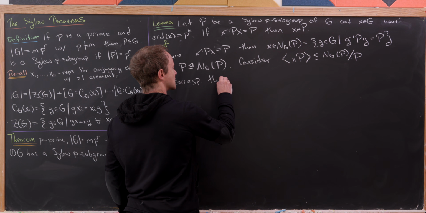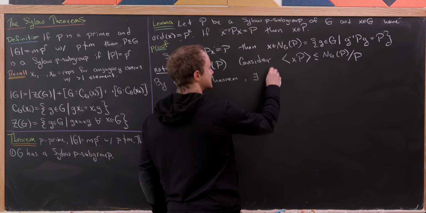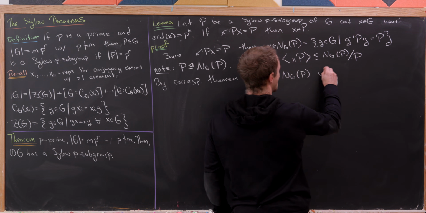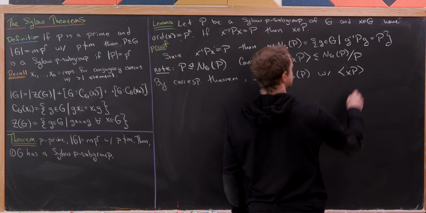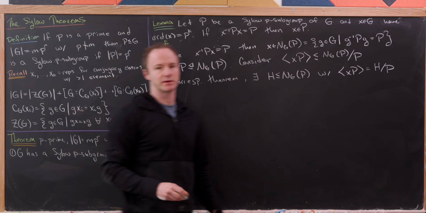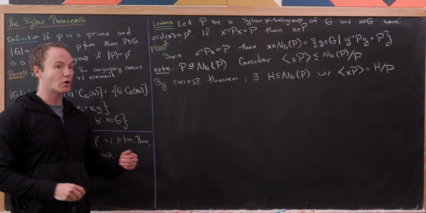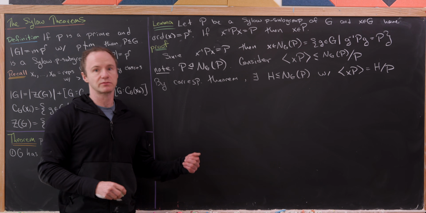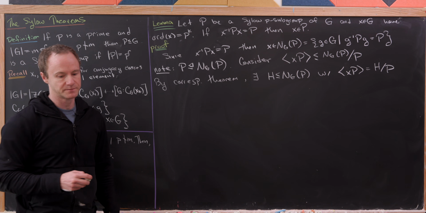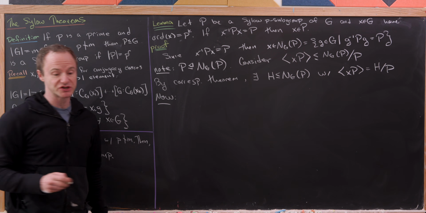By the correspondence theorem, we know that there exists an H, which is a subgroup of that normalizer, such that this cyclic subgroup generated by XP is equal to H mod P. Anytime you have a subgroup of a quotient group, you can write that subgroup as a quotient itself, which is what we're doing right here.